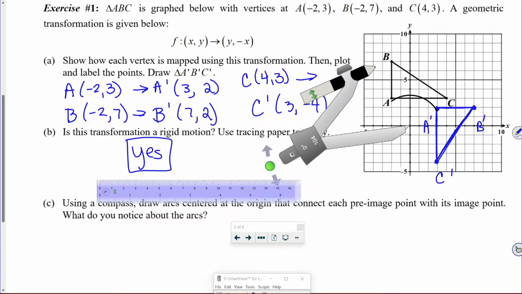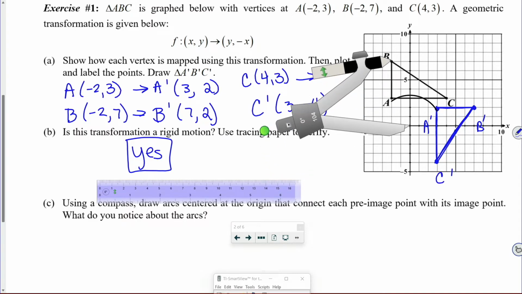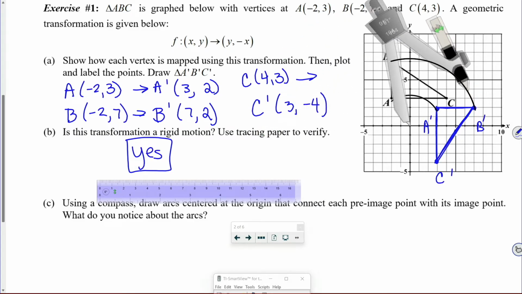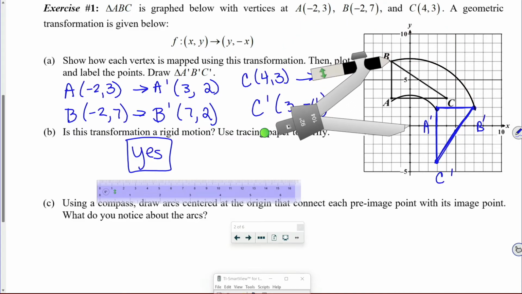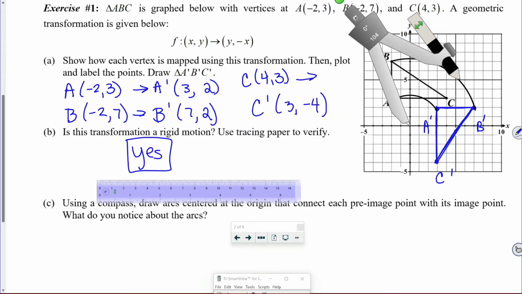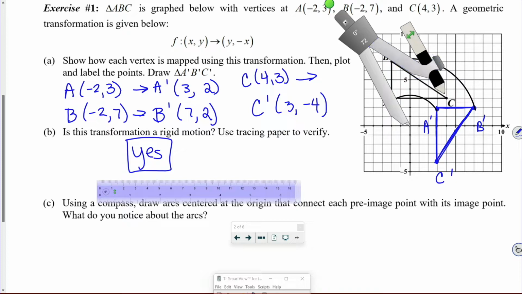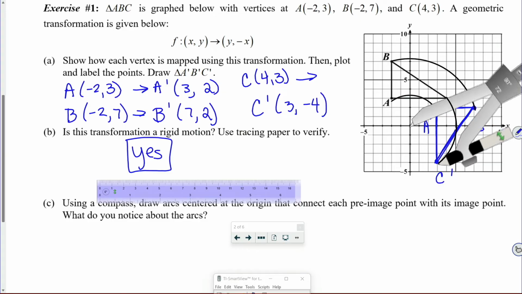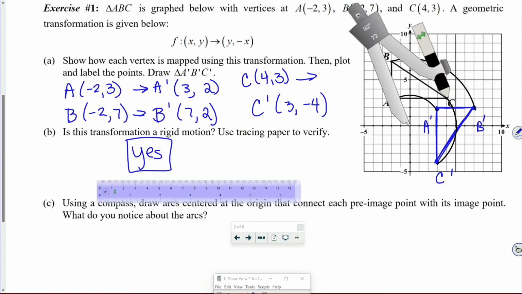And now if I make it so that it goes through point B, that also goes through point B prime. And finally, let me get it so that it goes through point C, probably easier for you than me. Come on. Well, I can't quite get it to go exactly through point C, but there it goes.